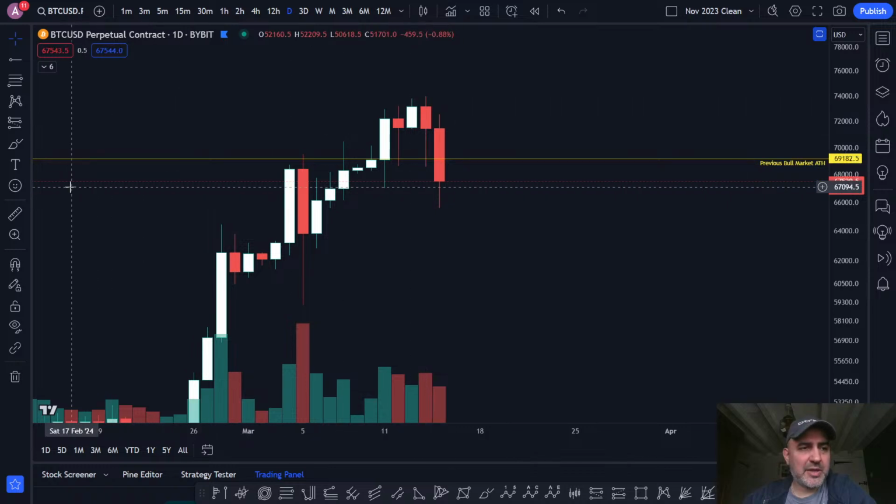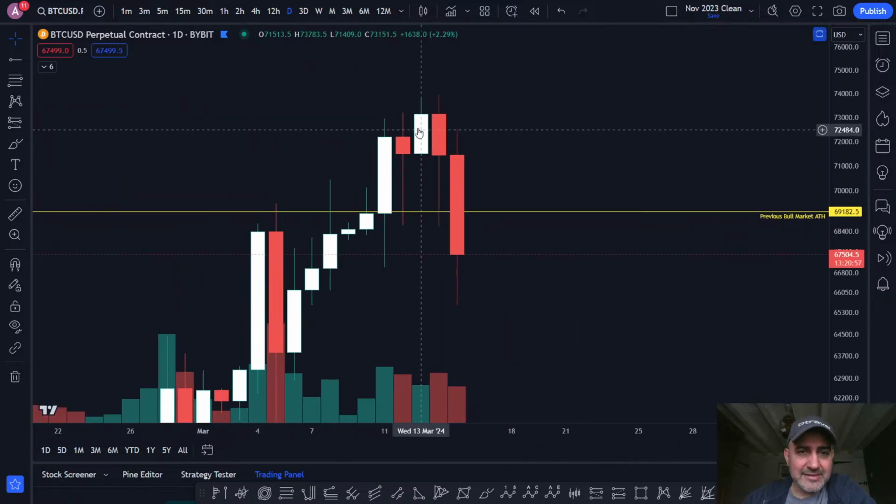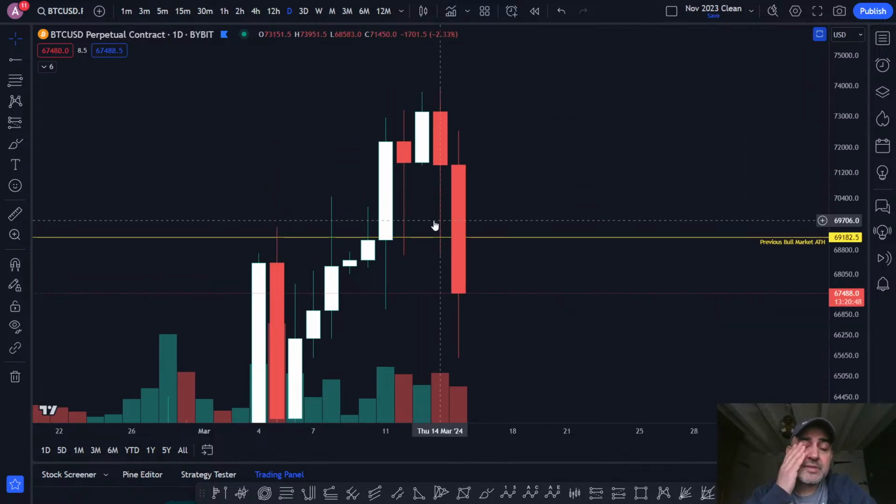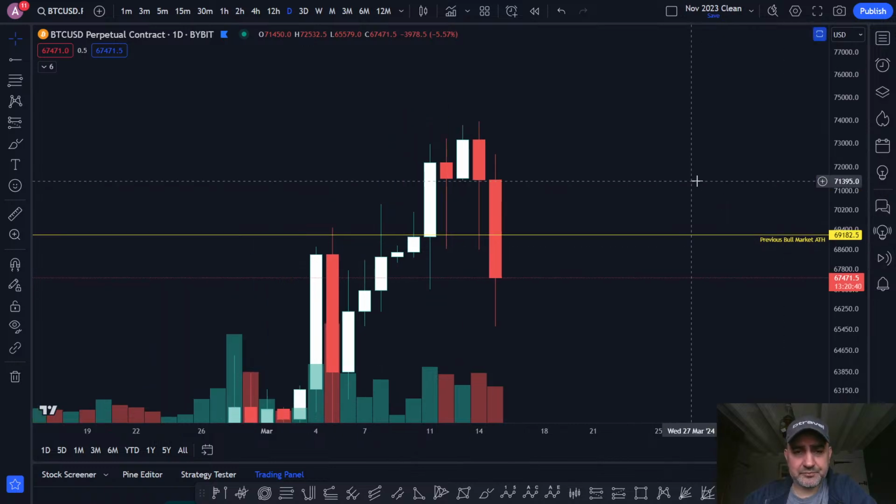If you can just ignore the wick, it's a hammer in the highs. That's a dragonfly doji. I did say yesterday, I didn't like this candle. I said I wasn't fond of it. And look what happened. Sometimes you do get these candle formations which aren't very strong. It was very trappy, this green candle.